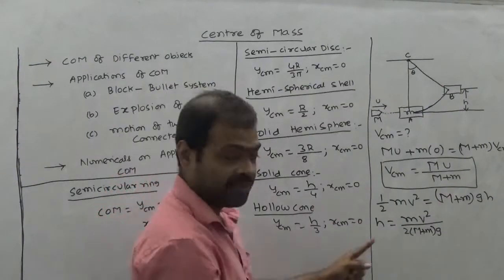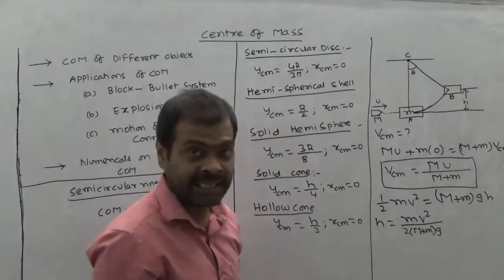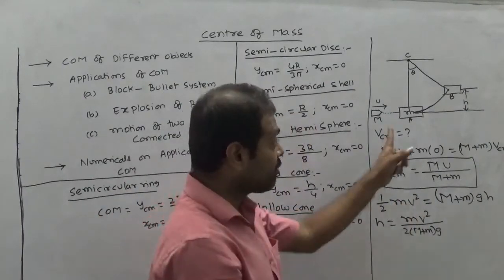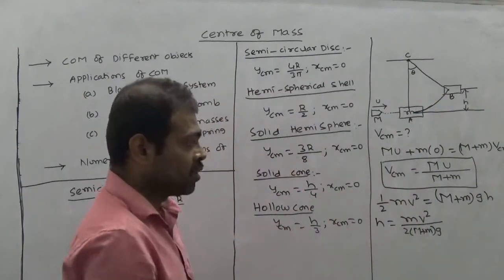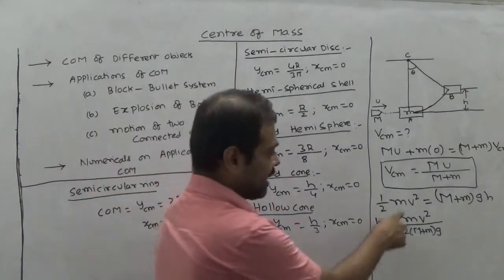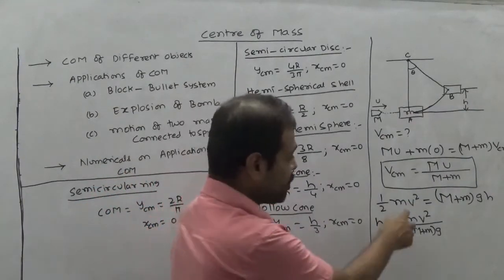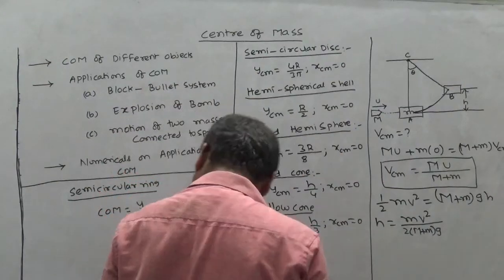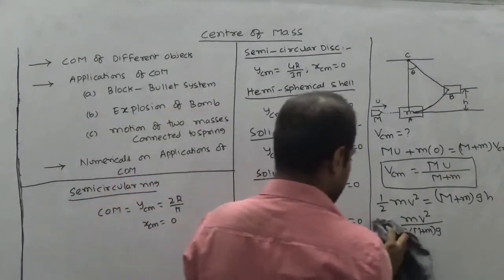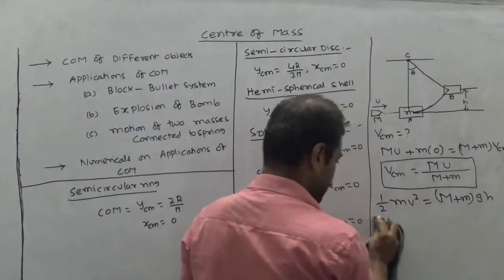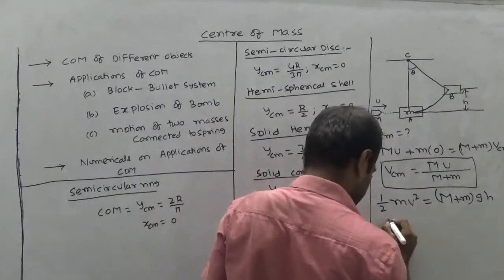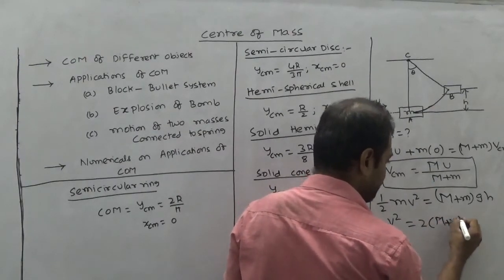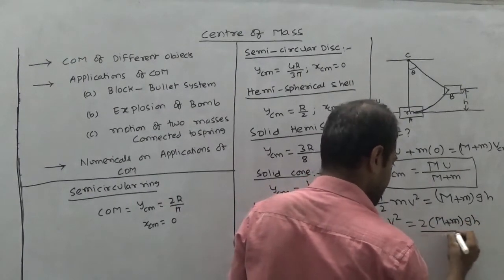Now here, this kinetic energy is obtained after collision. So instead of v, I can write VCM square, or I can write v square is equal to 2 times capital M plus small m into gh by small m.